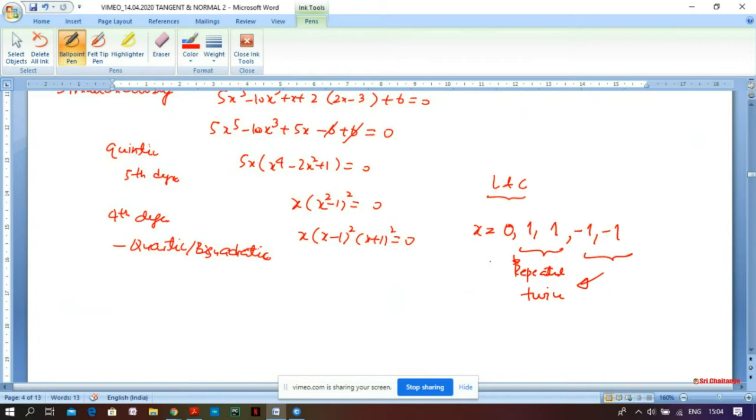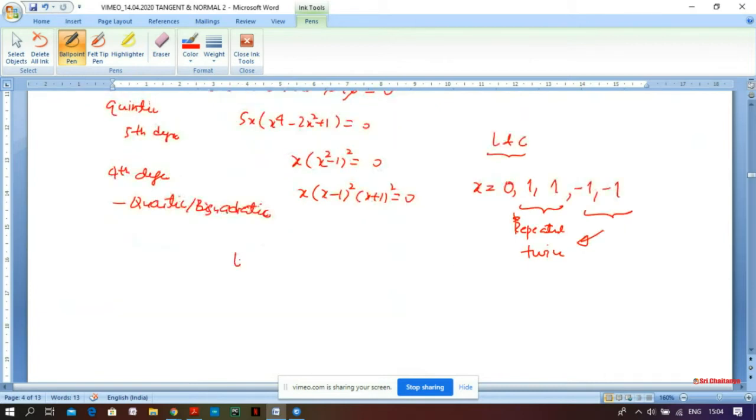That means that the line L touches the curve C at the points corresponding to x equal to 1 and x equal to negative 1.